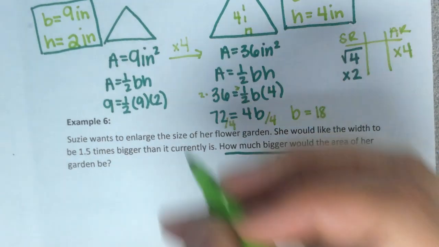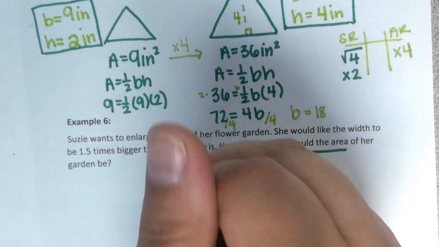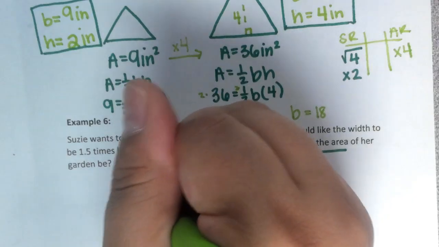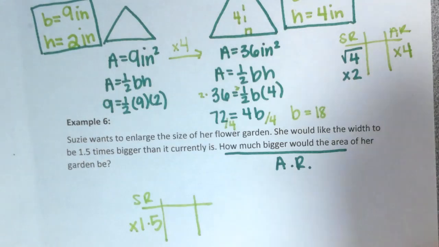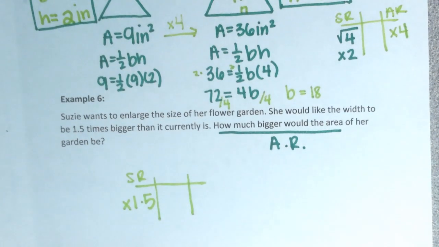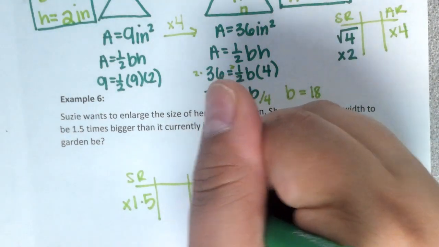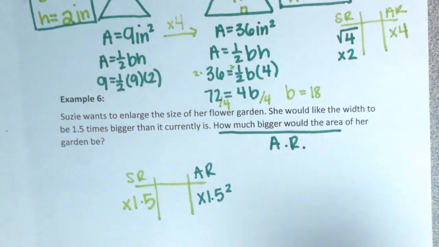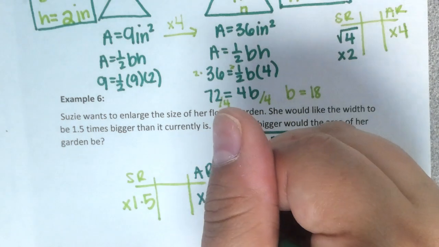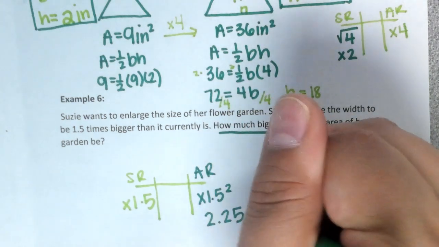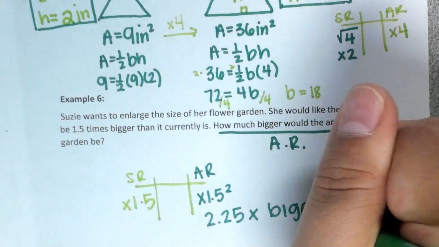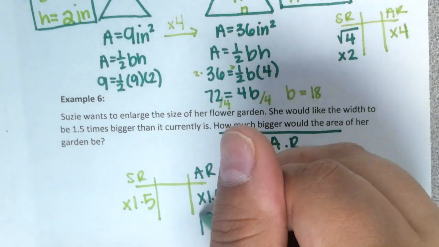So what's my similarity ratio here? 1.5 times bigger, right? So what would be my area ratio? 1.5 squared, which is 2.25. 2.25 times bigger is my answer.